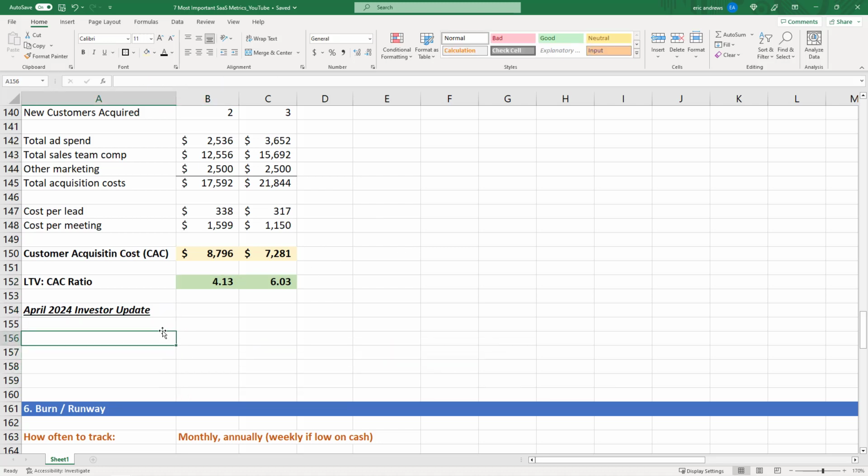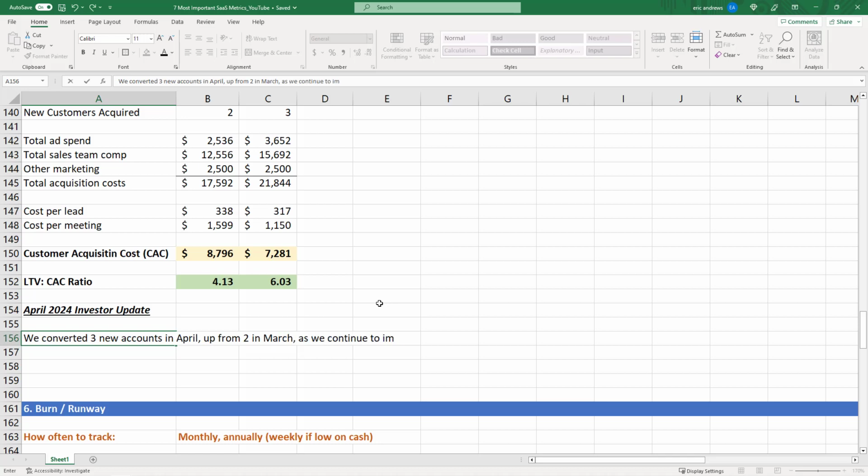So, okay, investor update. What do we want to say about this? I think we can say, we didn't mention the 3 accounts that we had acquired. So let's say we converted 3 new accounts in April, up from 2 in March, as we continue to improve our sales process.